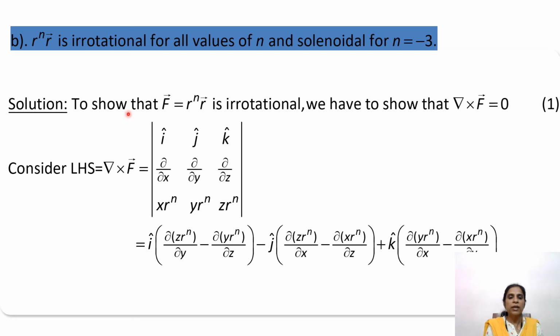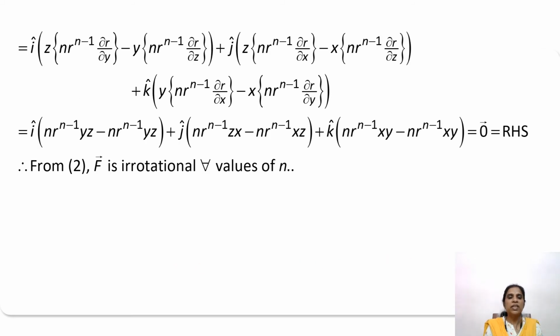Take vector r as x i-hat plus y j-hat plus z k-hat. Therefore, the components of f will become x r^n, y r^n and z r^n. So you have the determinant; expand the determinant and perform these differentiations.